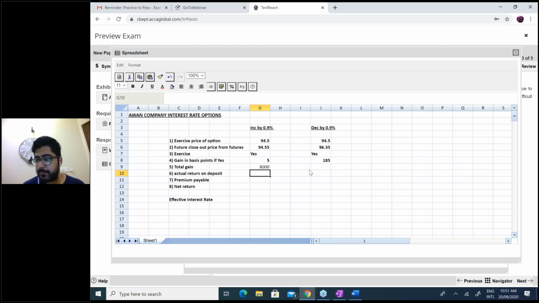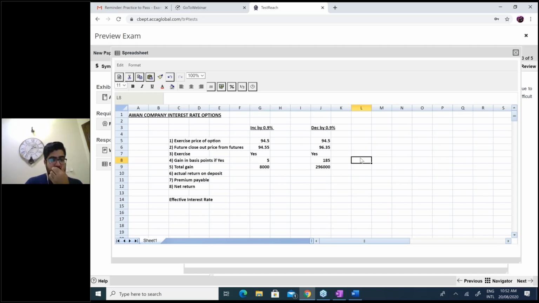Total gain is 8,000. And for the other case, the gain in basis points is 185, number of contracts 32, tick 50. So gain in basis points times number of contracts times tick gives total gain 296,000.